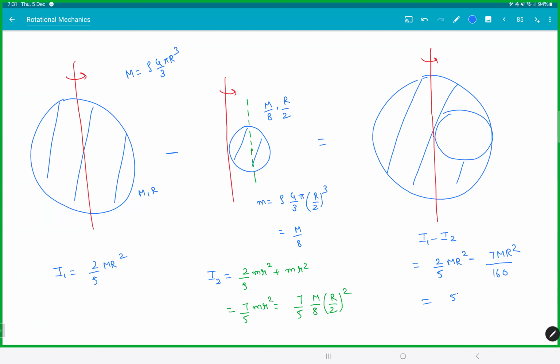You're right. Check. Clear, everyone? So maybe the mistake you guys are doing, maybe you're subtracting this one, I guess. You should find moment of inertia for all the systems about the same axis and then subtract. This is how you do cavities. Same thing we did in center of mass, similar logic. Clear, everyone? Next one.